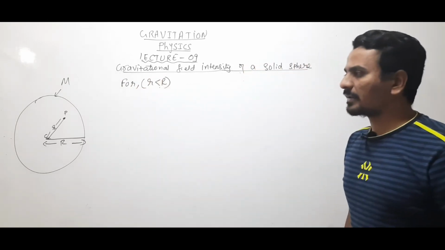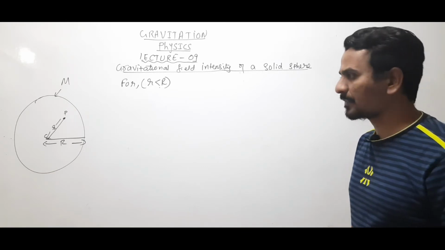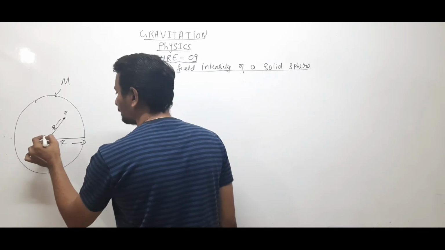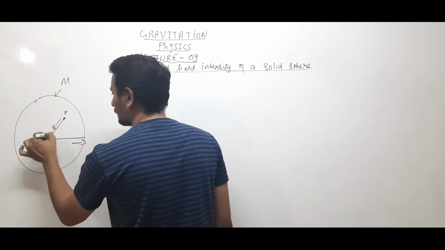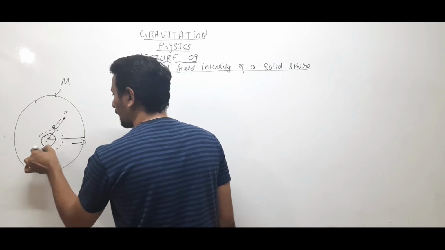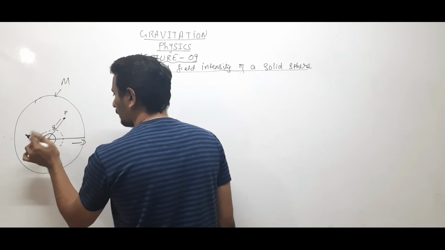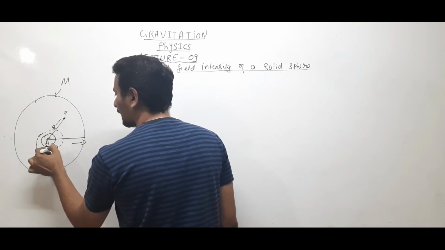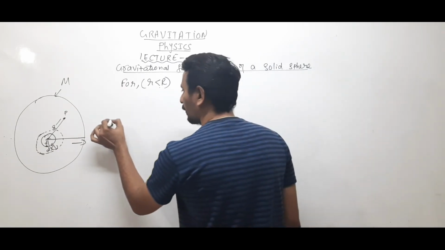We can consider a solid sphere to be made up of concentric spherical shells. Let us consider a spherical shell at a distance x, and let dx be the thickness.